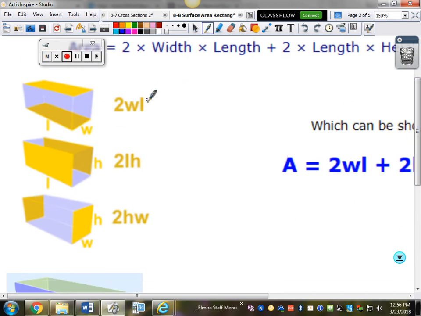It has a top and a bottom, a front and a back, and a side and a side. So there's 6 faces to a rectangular prism.